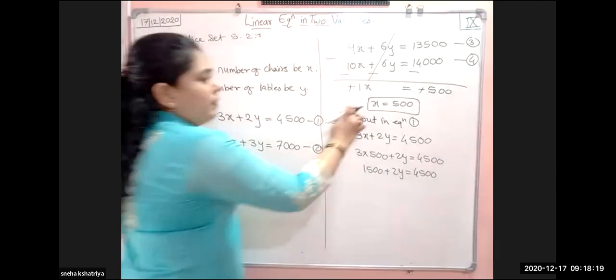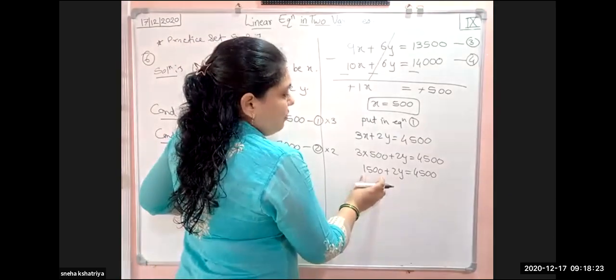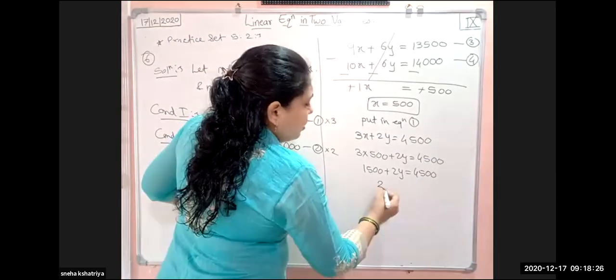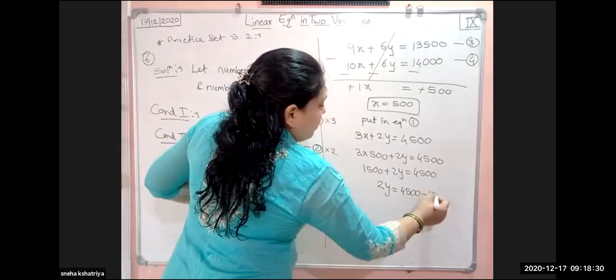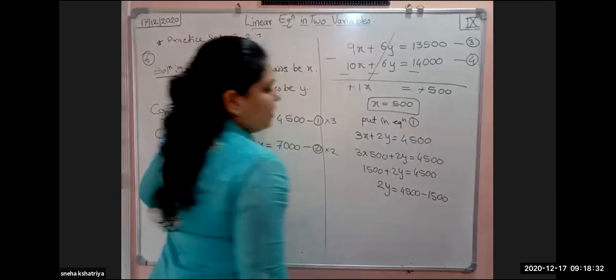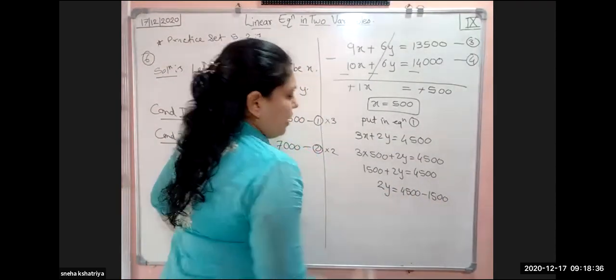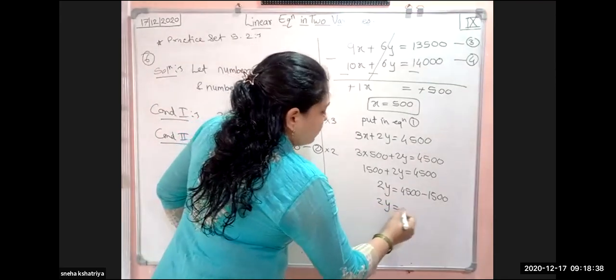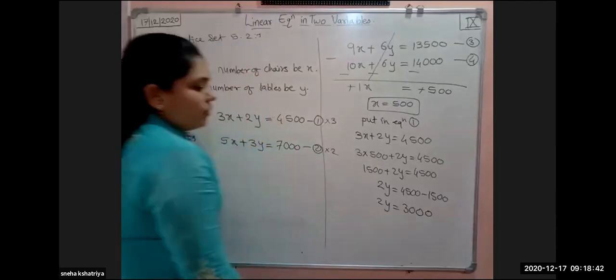Okay. We get the value of x. We have to find the value of y. We are going to shift this 1500 to the right side. So 2y is equal to 4500 minus 1500. 4500 minus 1500 is 3000. Okay.